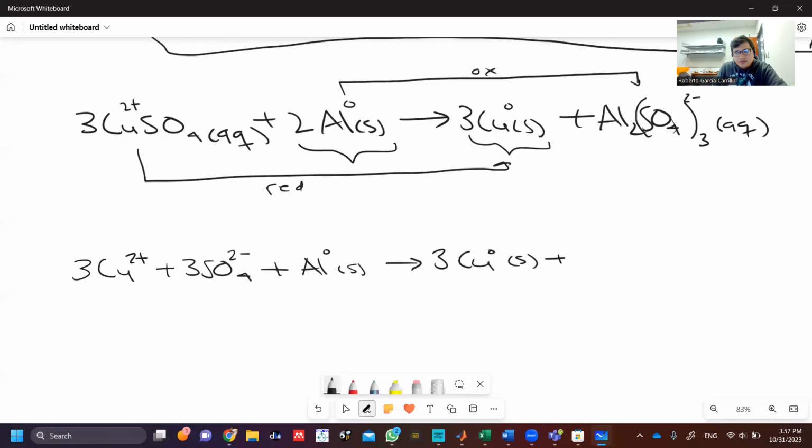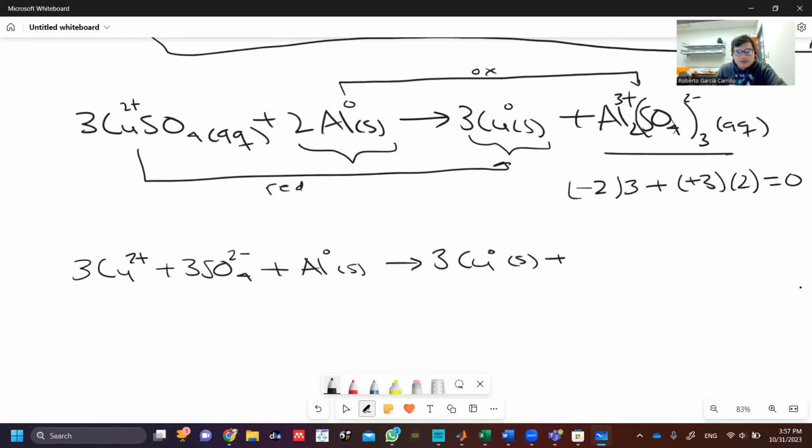So if this compound is neutral, this means that aluminum must have a 3 plus charge to balance this out. And if we write it down, it's 2 minus charge of the sulfates times 3 sulfates plus 3 plus the charge of the aluminum times the number of aluminum atoms, and this gives us 0, which is a total charge.